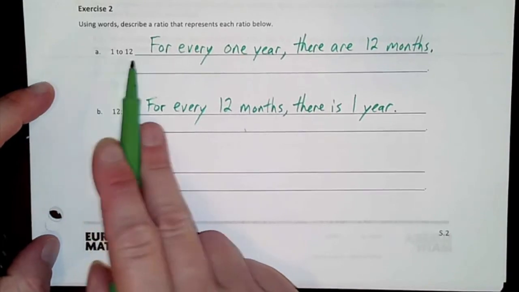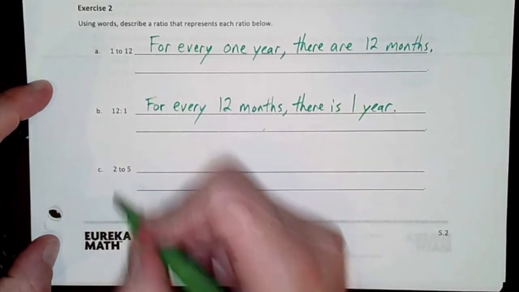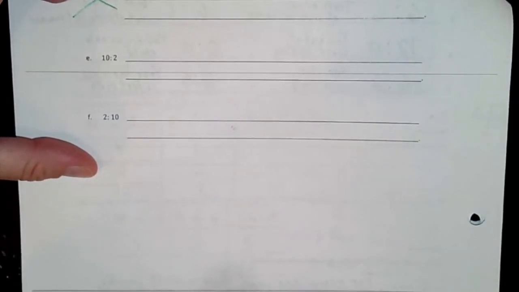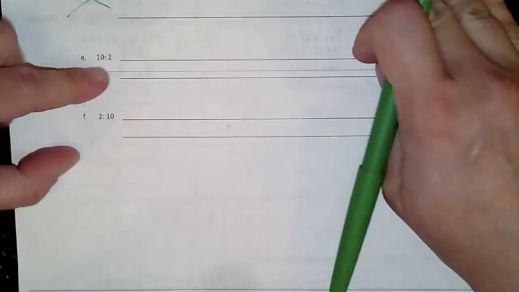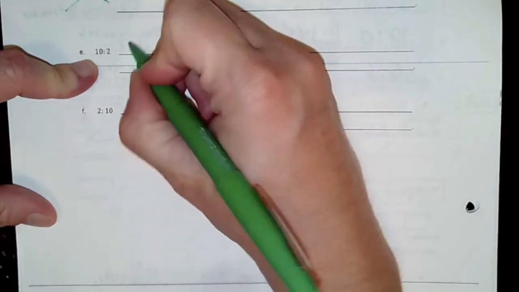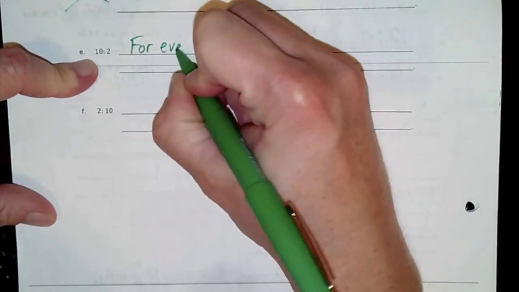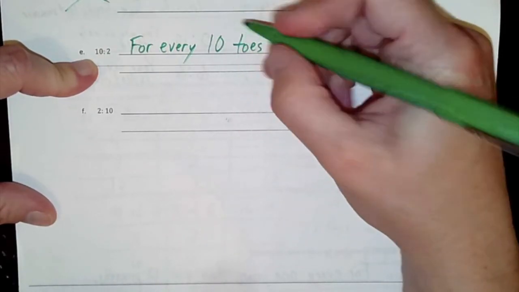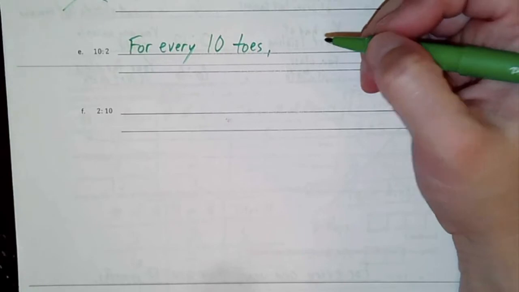That's an example of how you would write a ratio. So here's the ratio written in number form, and here's the written word form. We're going to cross off C. We're going to turn the page and go to the next example. We'll cross off D, and we'll do the last two examples, E and F. 10 to 2. So there's a couple things you could think of with 10 and 2. If I said for every 10 toes, you could say there are 2 feet.